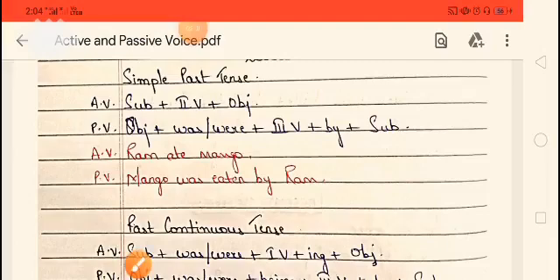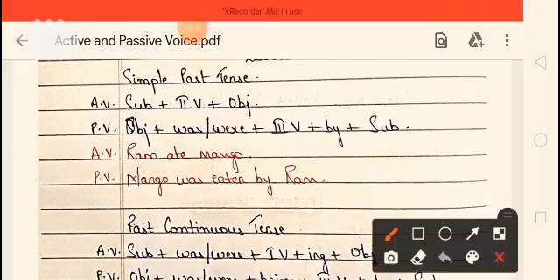So as mango is singular, we will use was with it. Then the third form of the verb, that is eaten, by, then your subject, that is Ram.